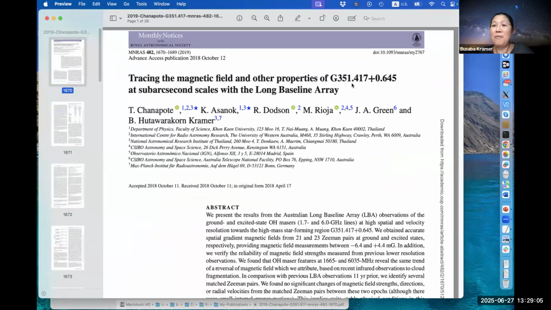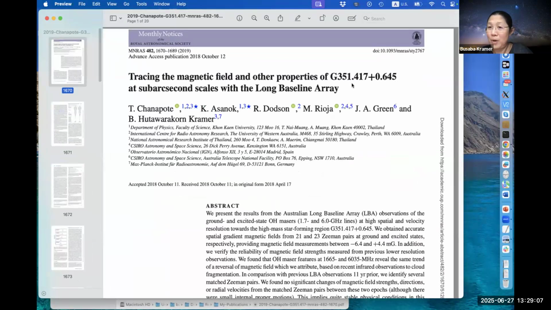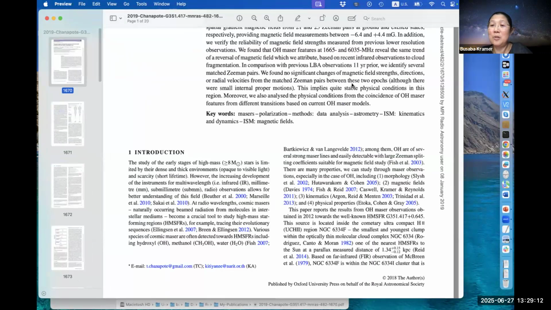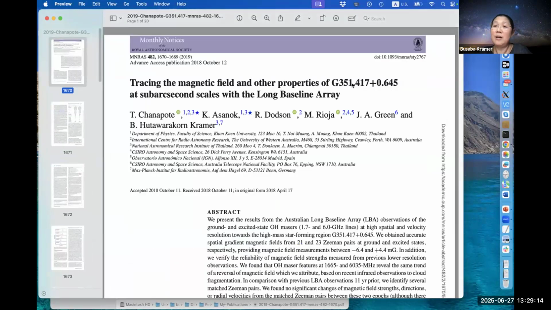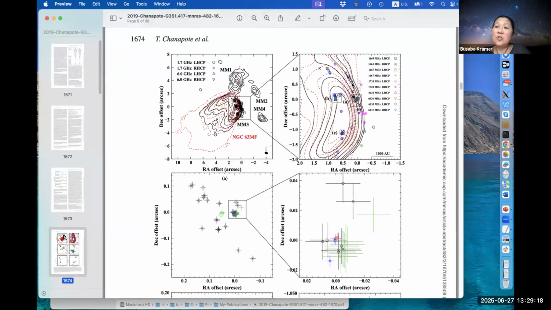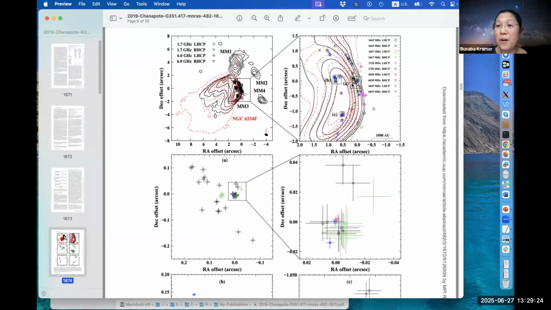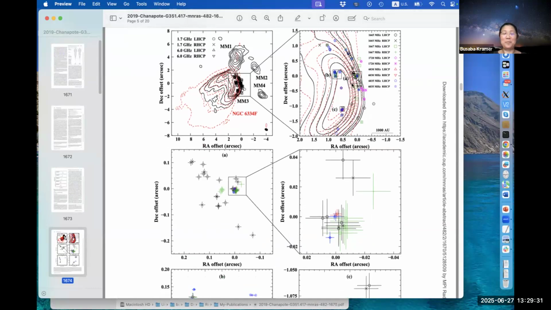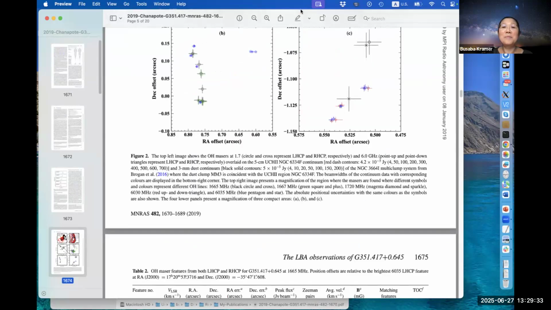That means if we have more OH maser sources to study, with a survey of the more Southern Sky, we will have a chance to get more interesting sources to study and confirm the theory or the physics of the Zeeman splitting itself. Just want to highlight that.